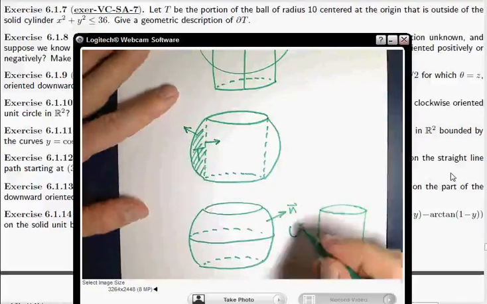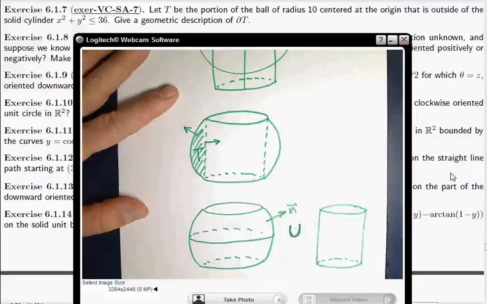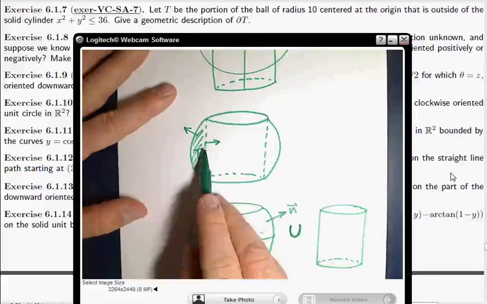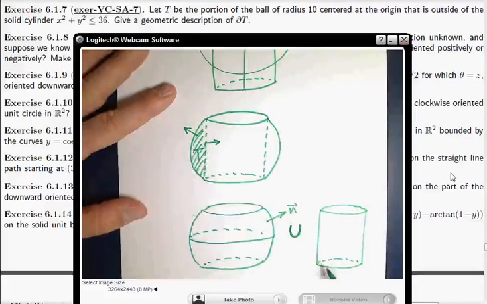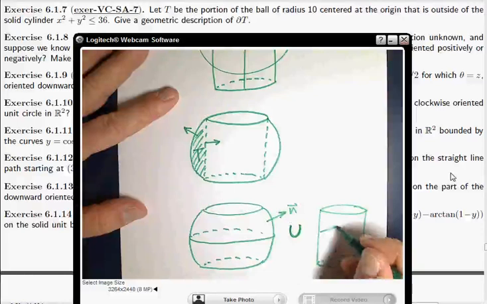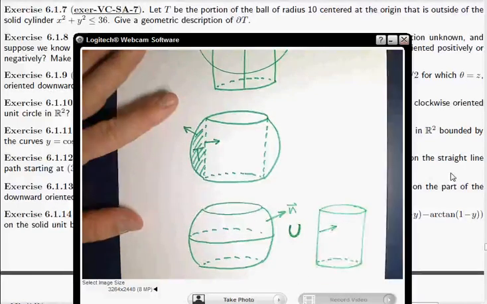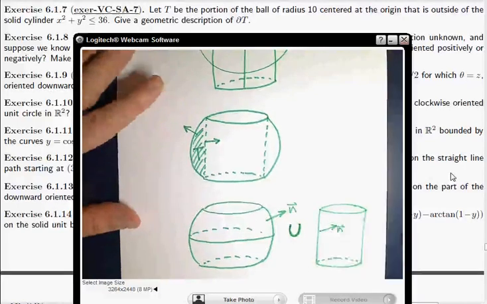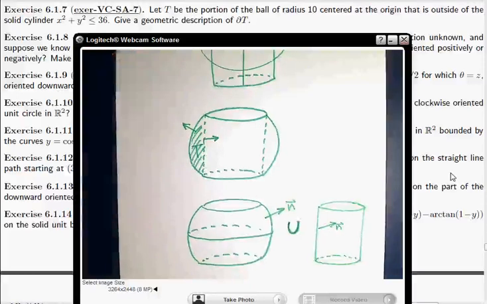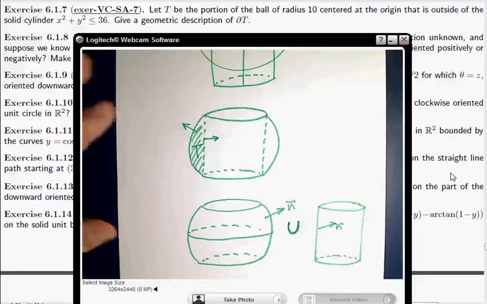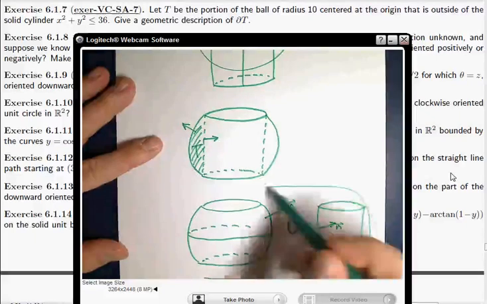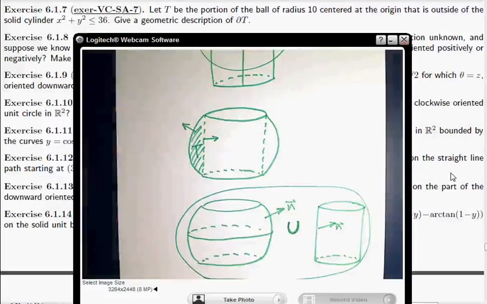So the other piece, so this is a U for union, the other piece of the boundary of T is this bit of cylinder oriented inward. Does that make sense? Okay. So it's these two together that make up the boundary of T.